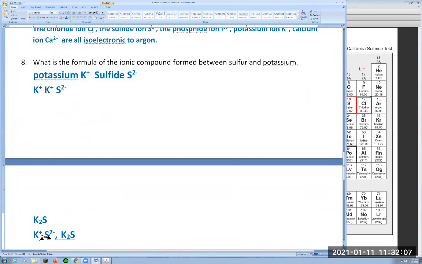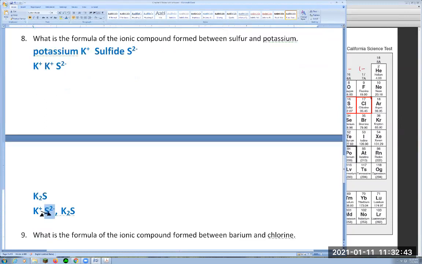So the charge number becomes a subscript for the other element. And the 2 from the two negative charges of the sulfur will become a subscript for the potassium. So that's why we say crisscross. The charge number becomes the subscript for the other element. You see the 1 for the K plus becomes a subscript of 1 for S, and then the 2 from the 2 minus of the sulfur becomes a 2 subscript for potassium. So that's how we can do this.